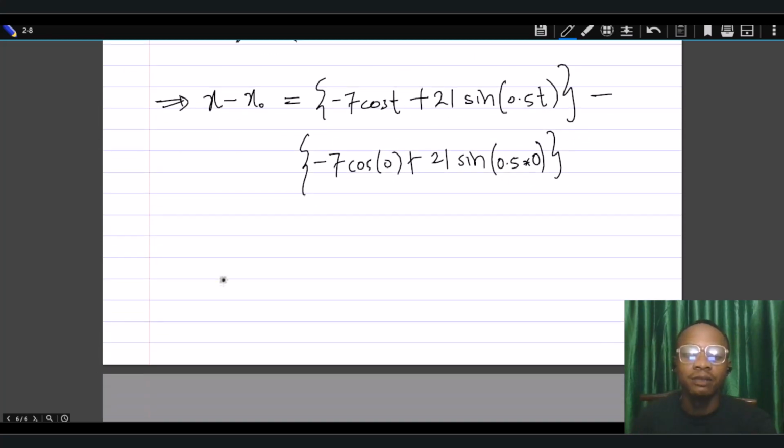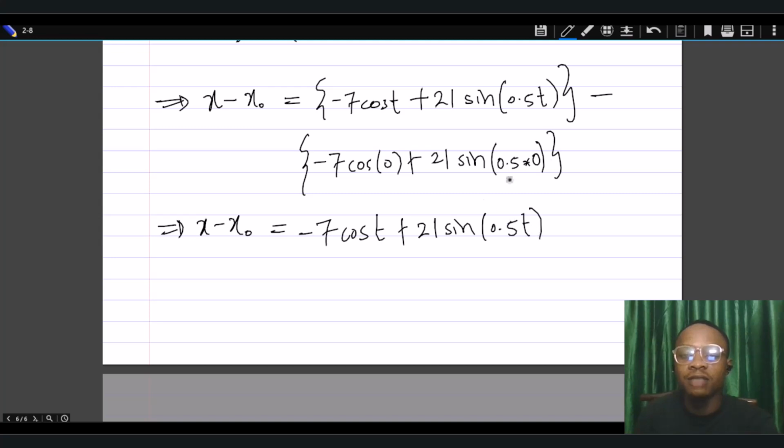And from here we see that x minus x naught equals minus 7 cos t plus 21 sine 0.5 t. I've let go of the bracket, so this is 7 cos 0, which is 1. 21 sine 0 is 0, so everything here is 0, so this is minus 7, this is minus of minus 7, that will be plus 7.